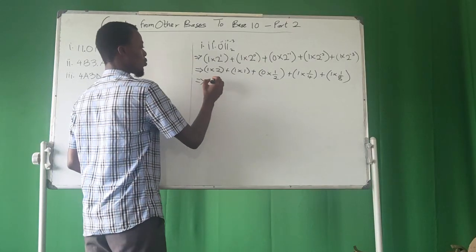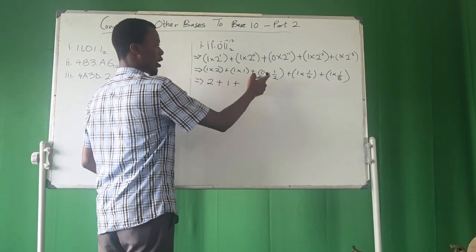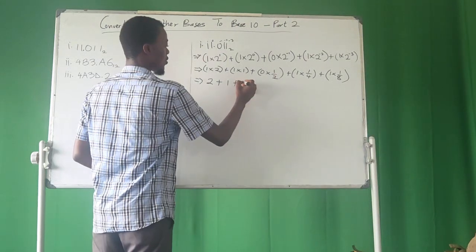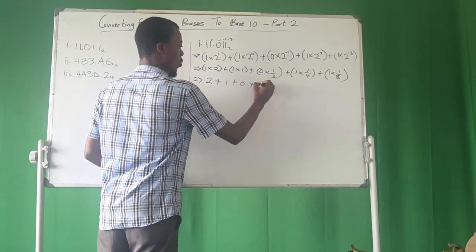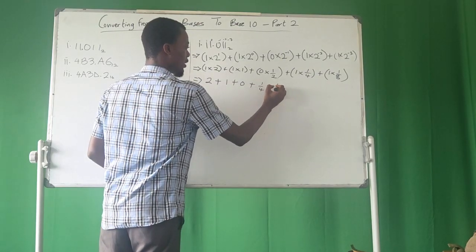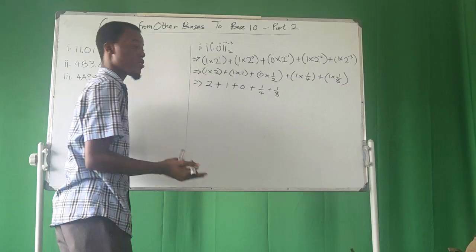So 1 times 2 is 2. 1 times 1 is 1. 0 times any number is 0. And 1 times 1 over 4 is 1 over 4, plus 1 times 1 over 8, which is 1 over 8. Okay, you see it's very easy.